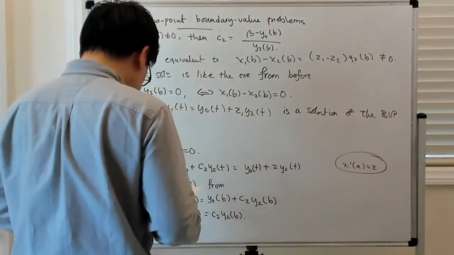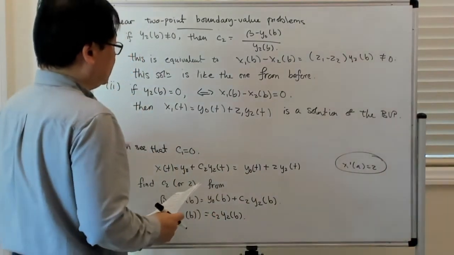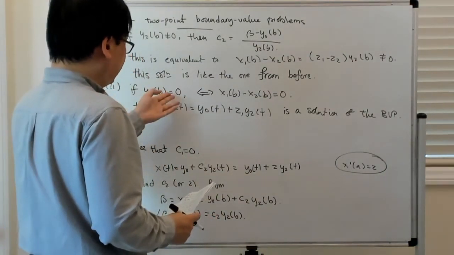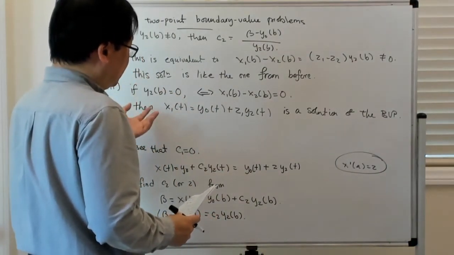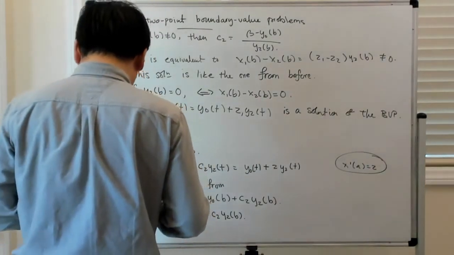Okay. So that's basically the other possibility. If this is actually 0, then you already had a solution to begin with, if you will, of the boundary value problem.